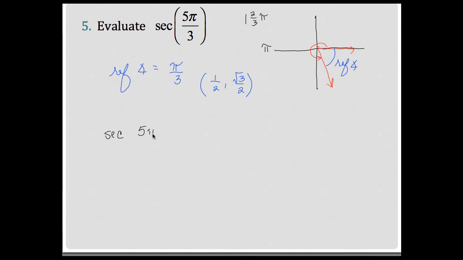This is the reciprocal of cosine. And since cosine feeds off of your x values, and down in the fourth quadrant your cosines are positive, it is going to be a positive answer. Secant is the reciprocal of cosine, so we want to grab that x value from our reference angle and do the reciprocal. So our answer is just a plain positive 2.